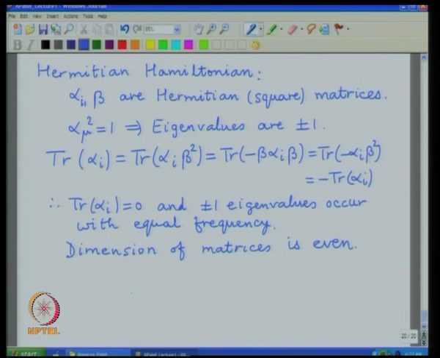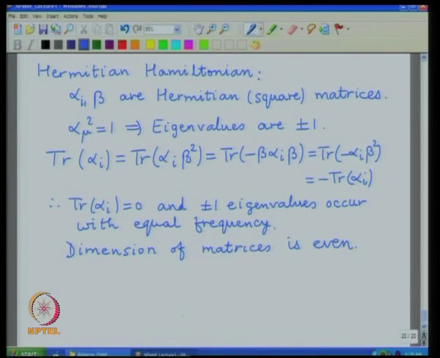And all these properties are independent of what the explicit choice for these matrices is, and since they are Hermitian matrices, we can actually rotate them from one basis to another, and there are various problems in which different basis systems are convenient, and we will come to them a little later about what kind of basis should be chosen for which particular problem.